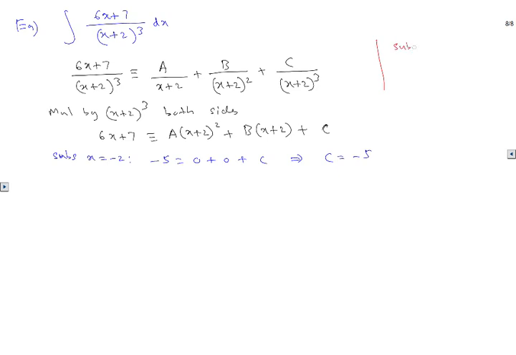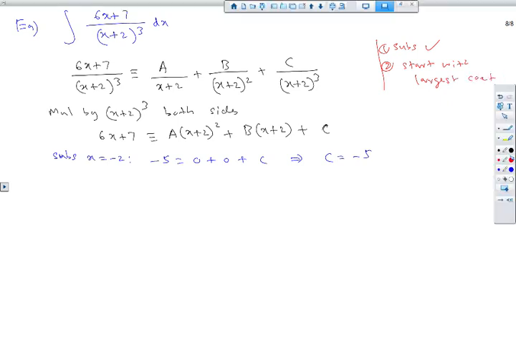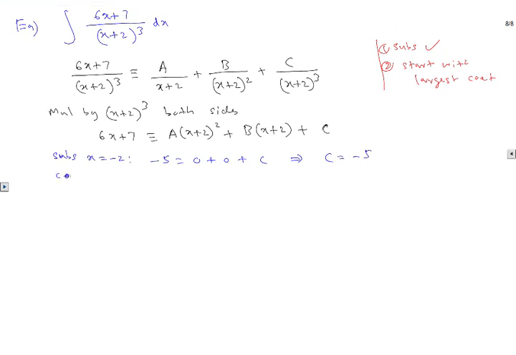We do substitution first, and then start with the largest term. What's the largest term we can have?